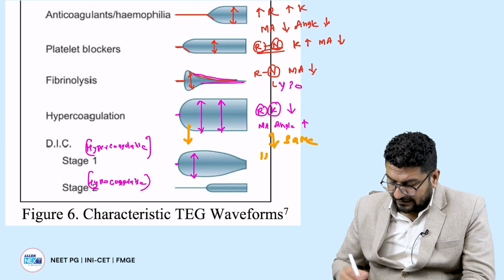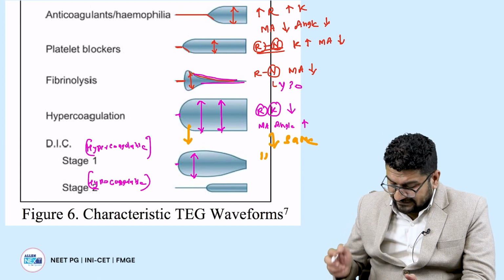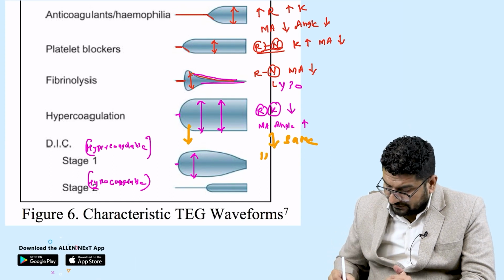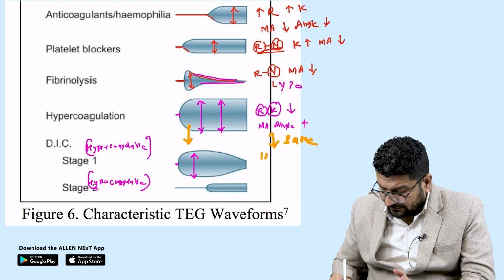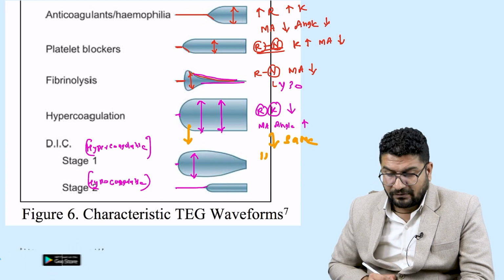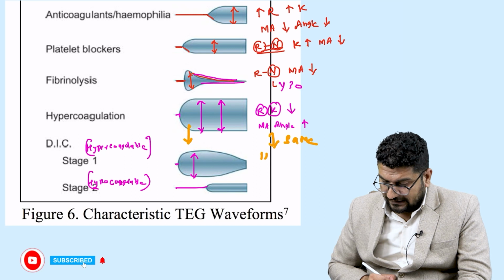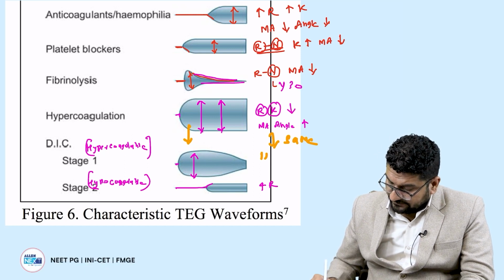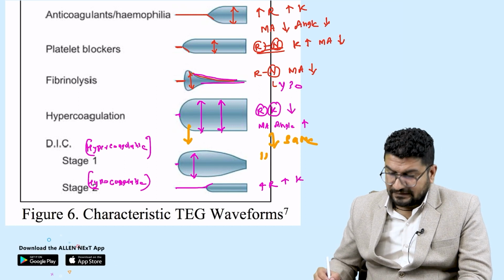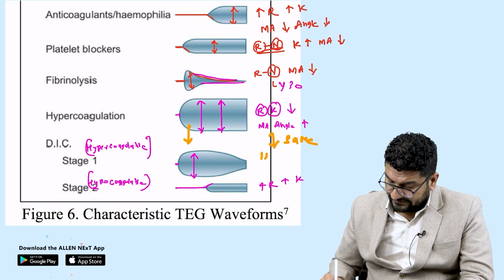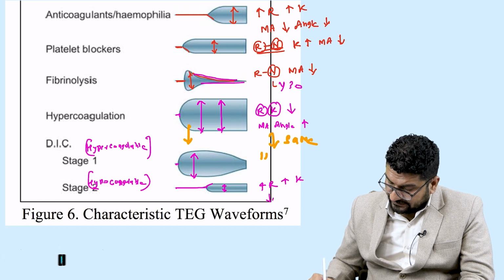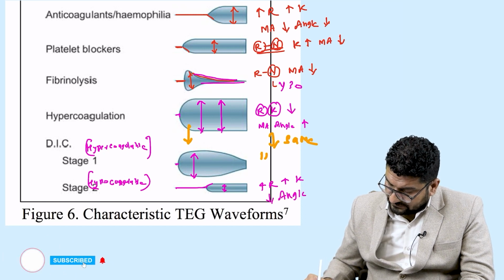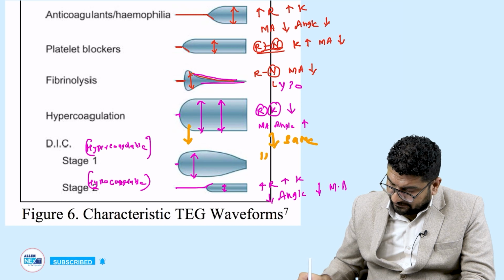But later on अगर आप यहाँ देखोगे stage 2, in stage 2 when it's a hypocoagulable state, you can notice hypocoagulable means less clotting factor होंगे, तो R time क्या होगा, prolong होगा. So here you can notice R time is prolonged, increase in R, increase in K, R बढ़ गया, K बढ़ गया, and you can notice like अब angle और amplitude दोनों कैसे हो गए, कम हो गए, decrease in angle and decrease in maximum amplitude.